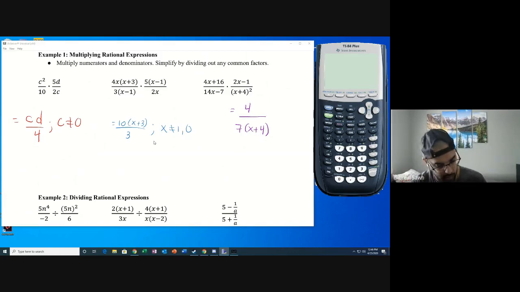Okay, and then your non-permissible values, x cannot be 1/2, or x cannot be negative 4. Okay, those should be your answers, along with the correct non-permissible values.